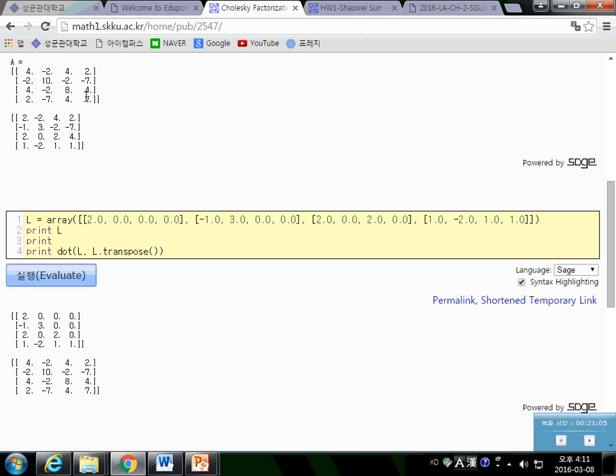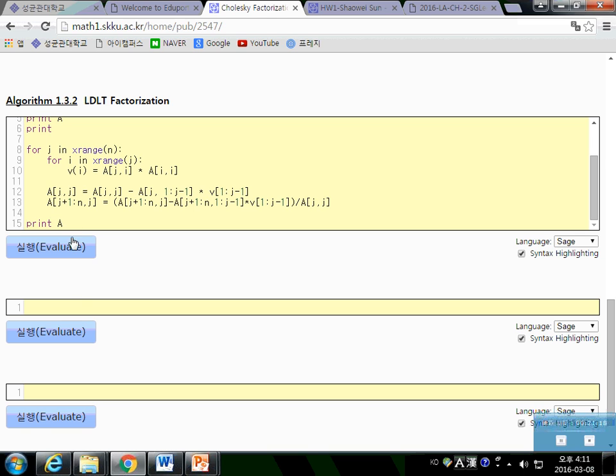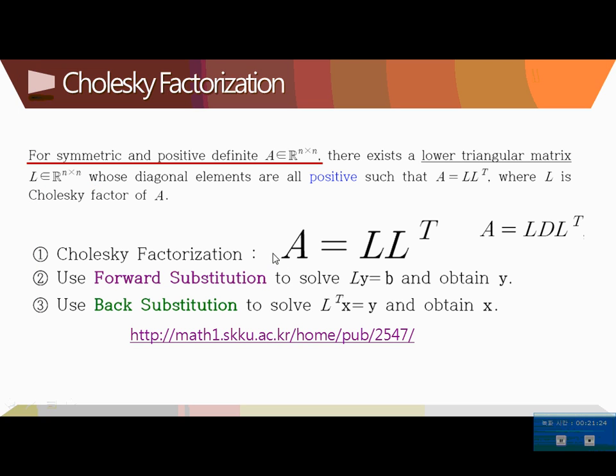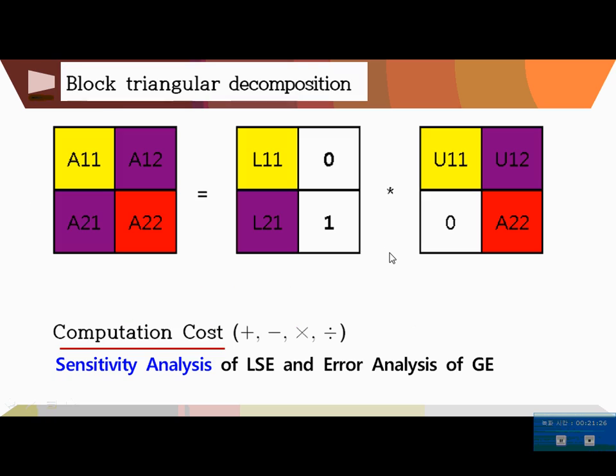So this matrix can be decomposed as L times L transpose. If you multiply this matrix times L transpose, then you will easily find this. And there are LDL transpose algorithms. So anyway, Cholesky factorization can be done.